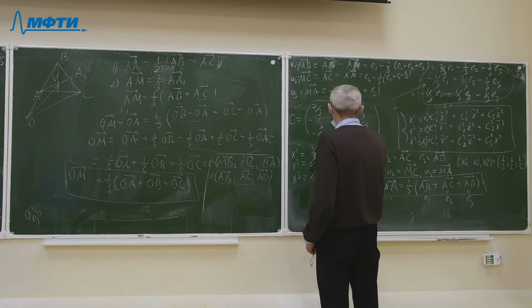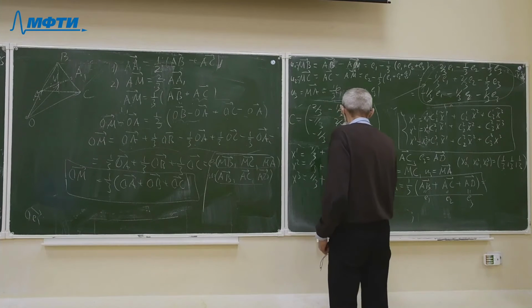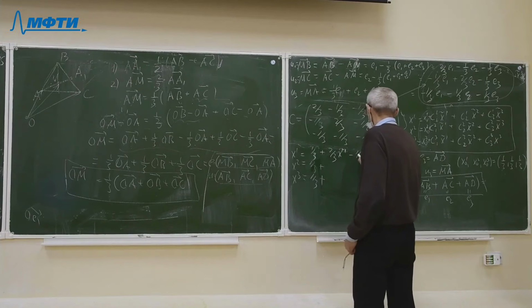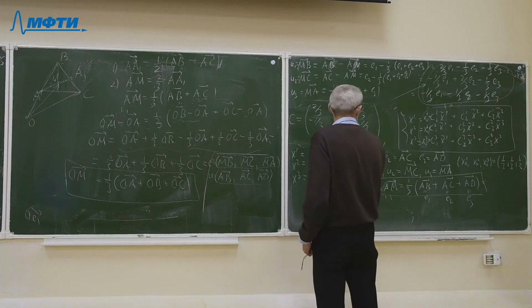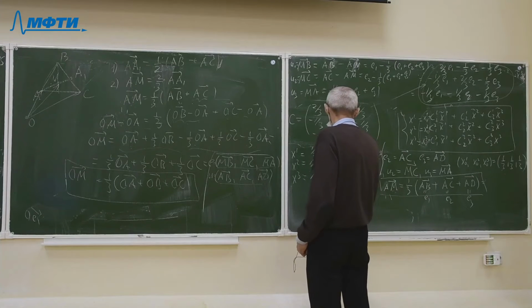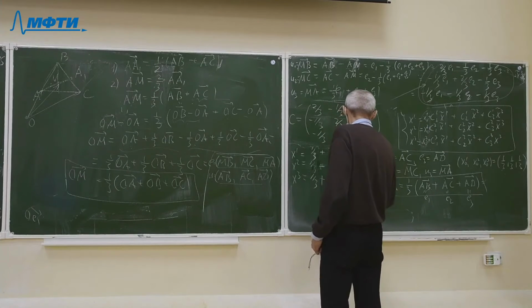We obtain 2/3 x prime 1 minus 1/3 x prime 2 minus 1/3 x prime 3, and the second row: minus 1/3 x prime 1, and so on.